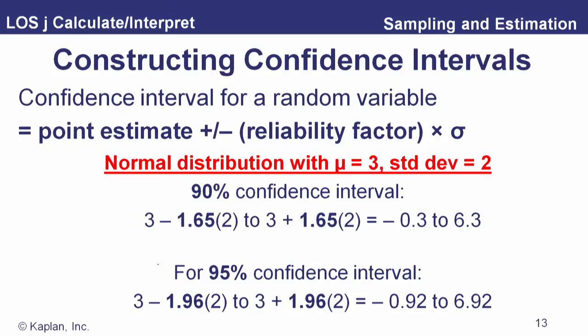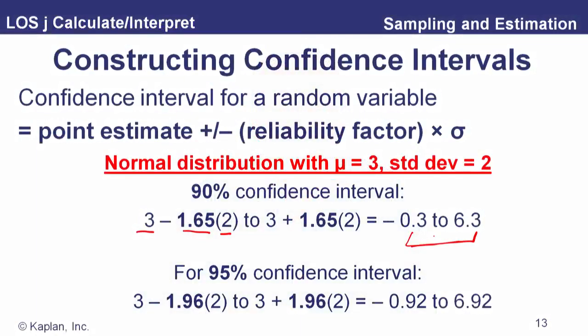If we want a 90% confidence interval, we're going to take the mean, and then add and subtract 1.65 standard deviations to get this interval right here. So for that random variable, 90% of the outcomes are going to be between minus 0.3 and 6.3.